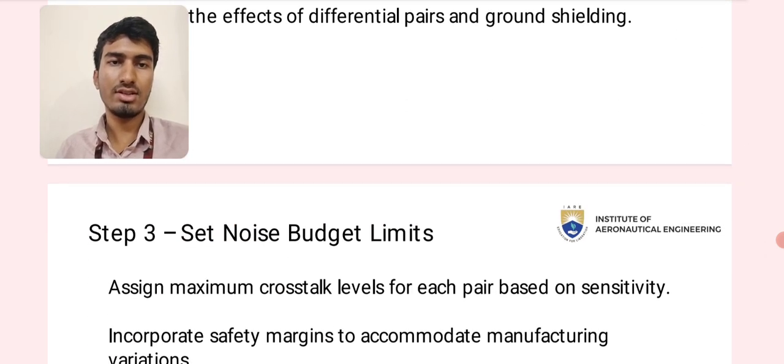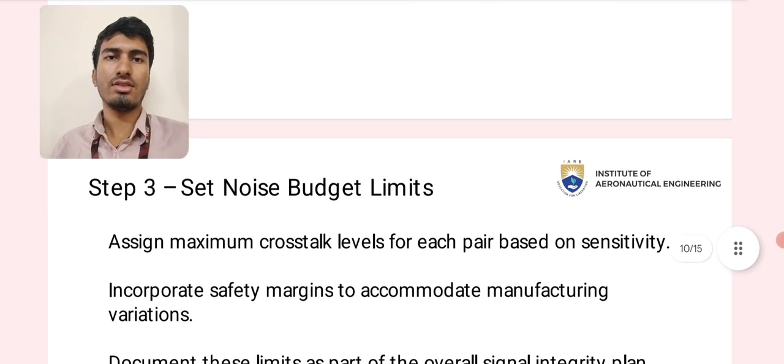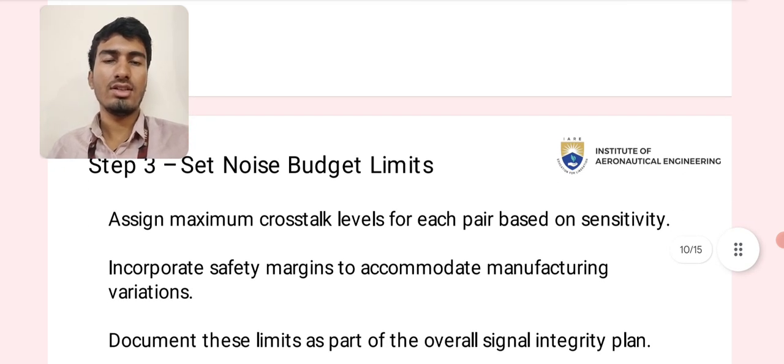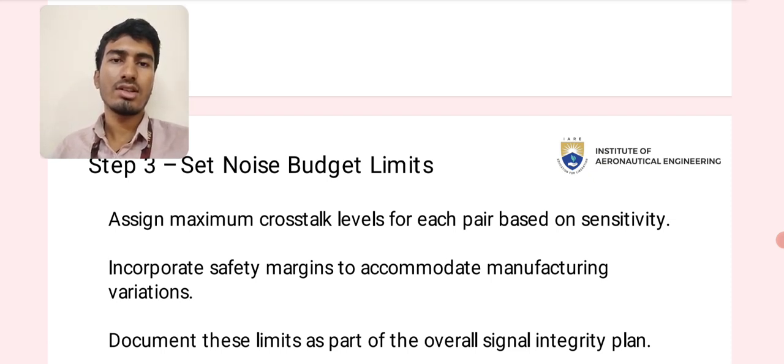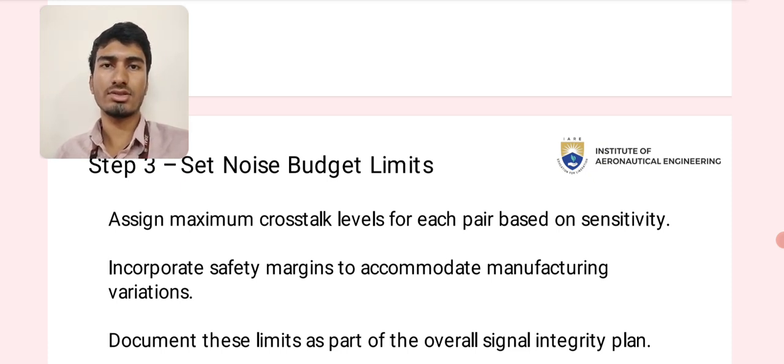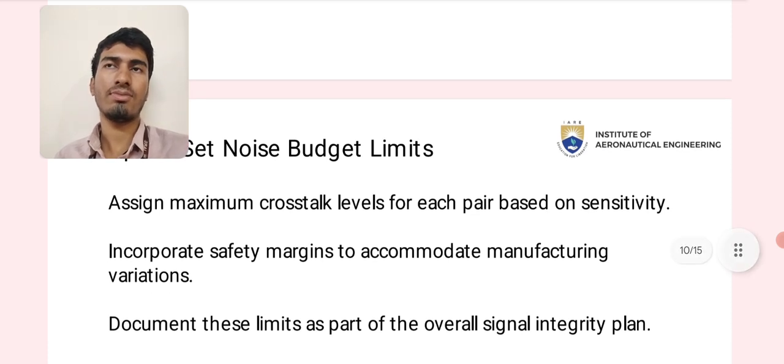Now set noise budget limits. Assign maximum crosstalk levels for each pair based on sensitivity. Once we simulate every pair's crosstalk levels, we then incorporate safety margins to accommodate manufacturing variations, meaning while manufacturing there should be safety margins in different types of PCB designs.